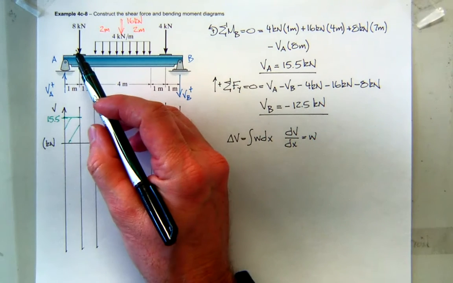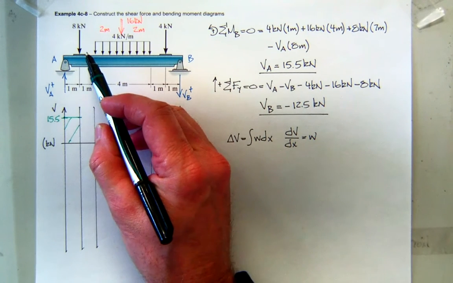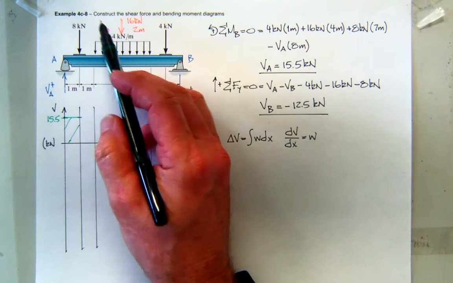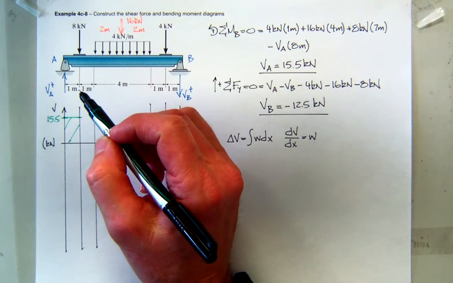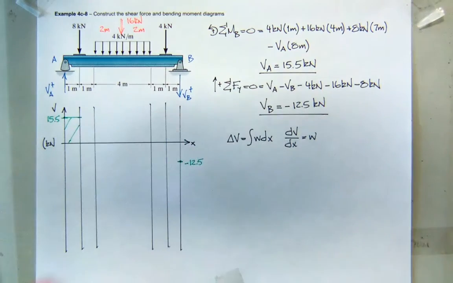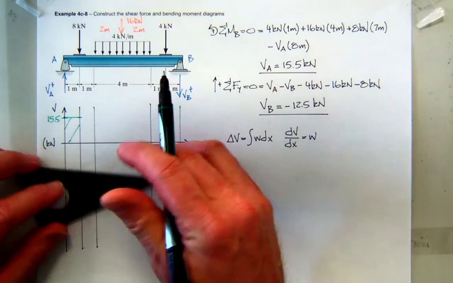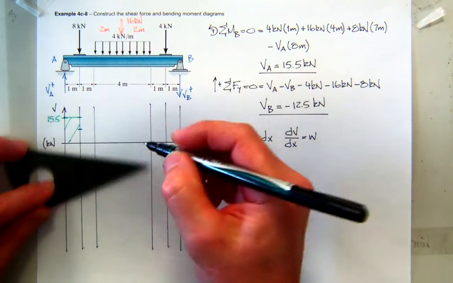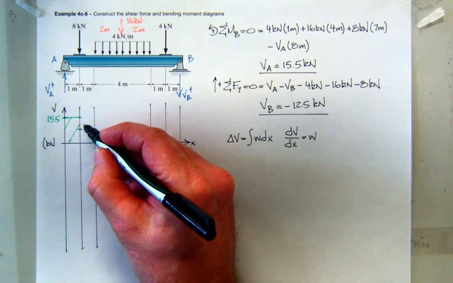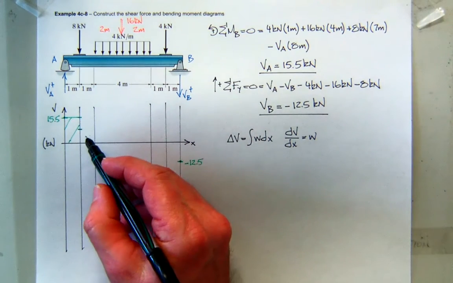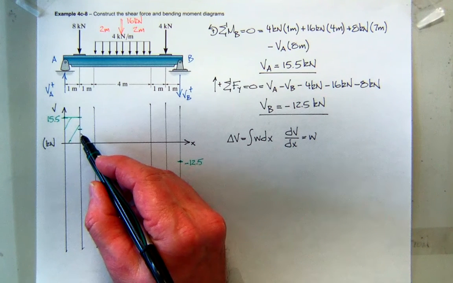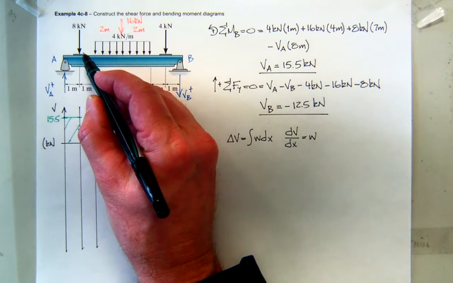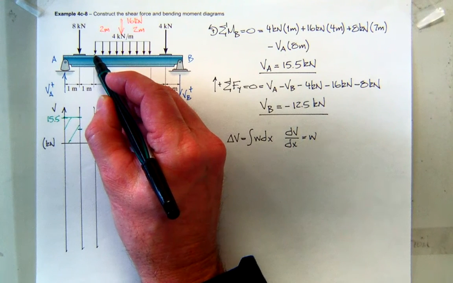Now what happens as I go from the left side to the right side? How much does my shear change? 8. Exactly the amount of load, 8. Is that positive or negative? Negative. So what's 15.5 minus 8? 7.5. Now the change in shear from 1 to 2 meters should be the area of this part of the curve, which is 0.